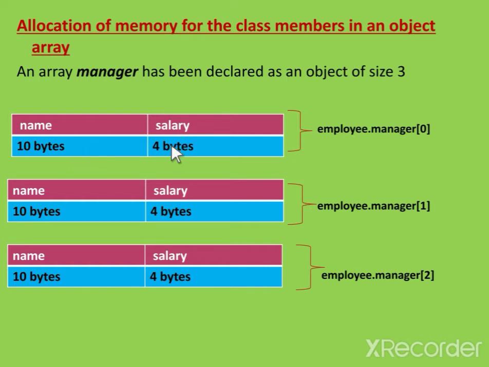So a total of 14 bytes of memory is allocated for each object. Similarly for the other two objects, 14 bytes each.